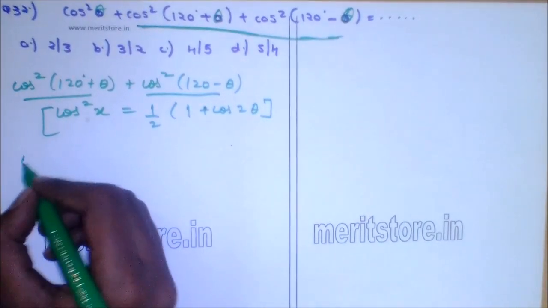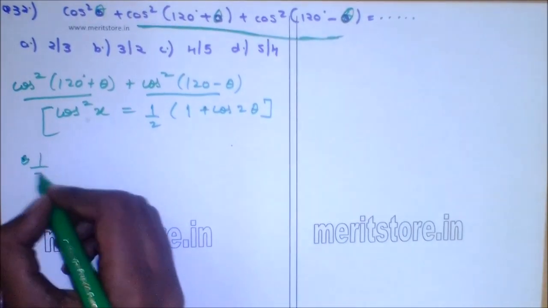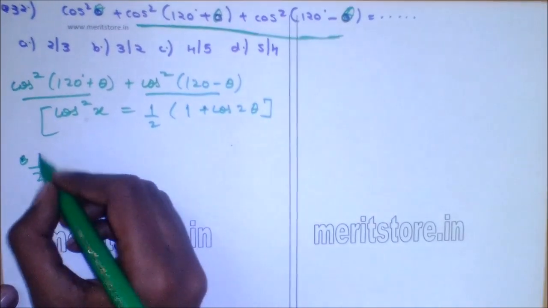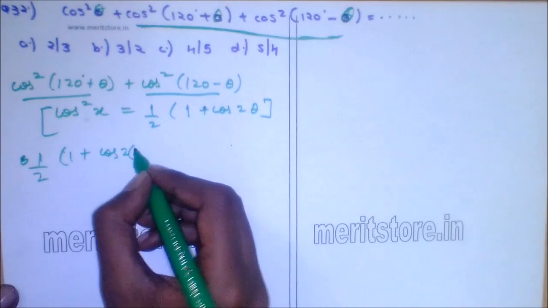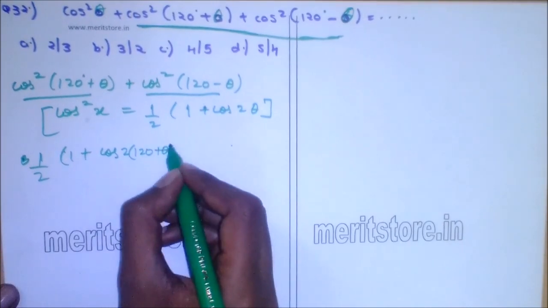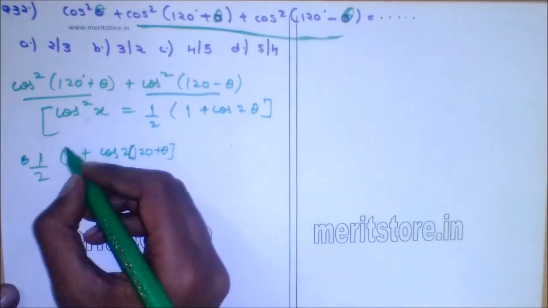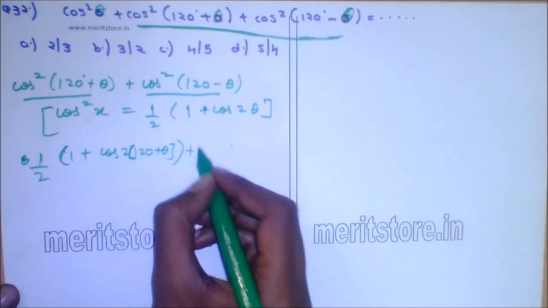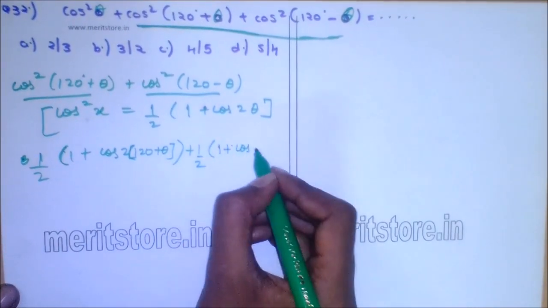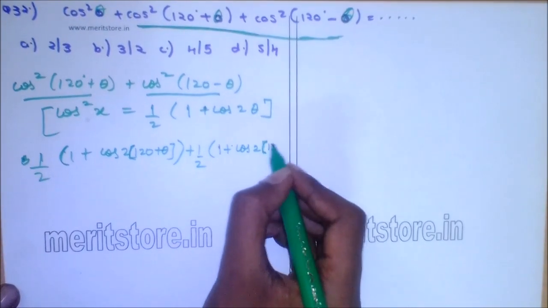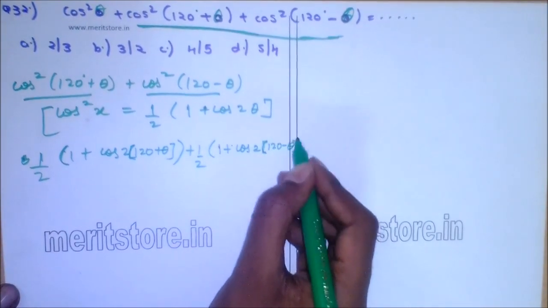So we apply this formula to both of these terms. So this is half into (1 plus cos of 2 times (120 plus theta)) plus half into (1 plus cos 2 times (120 minus theta)).